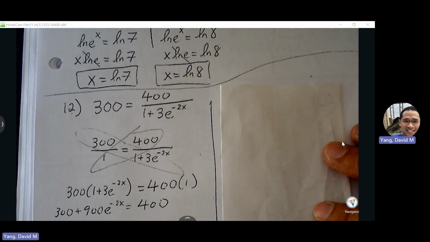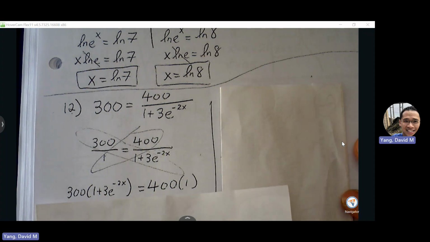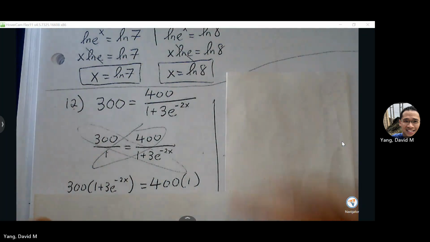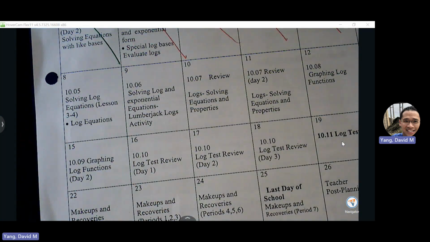I think I worked it a different way. Let me do the way that you guys mentioned, dividing both sides. Let me show the steps that you guys said.